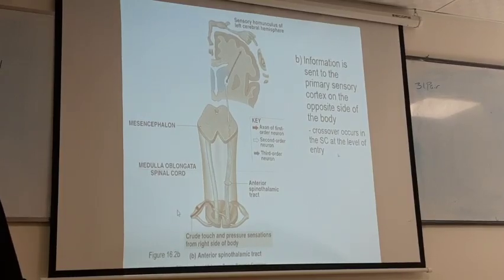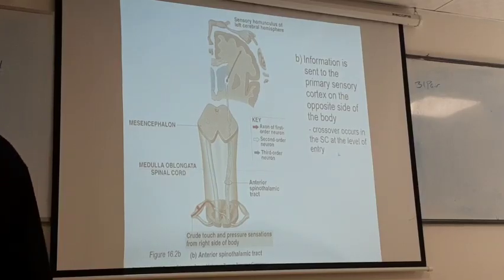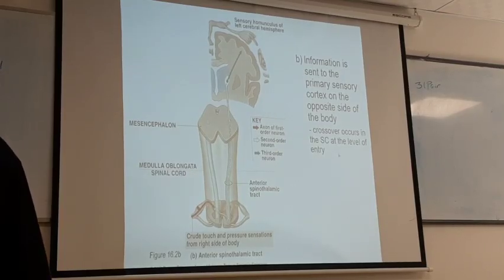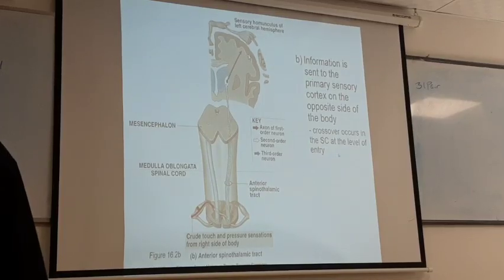Decussation from left to right, named anterior spinothalamic, and go to the thalamus. The thalamus has a nucleus, the same as an egg. And finally, understanding in the post-central gyrus.